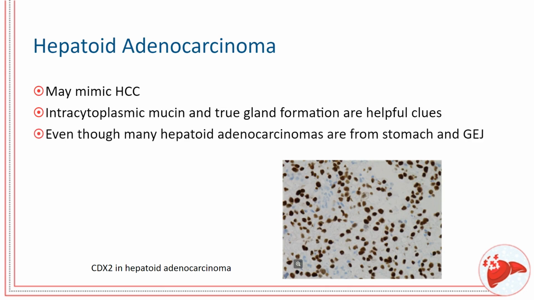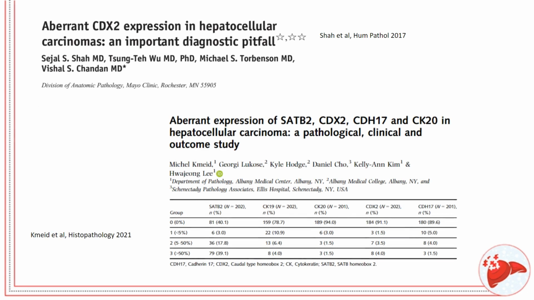Now, even though hepatoid adenocarcinomas are from the stomach and GE junction, and so they're often positive for CDX2, it's important to beware relying on CDX2 expression as an exclusion criterion for hepatocellular carcinoma. And the reason for this is that aberrant CDX2 can be seen in hepatocellular carcinomas. This was presented by some colleagues from our group in 2017.